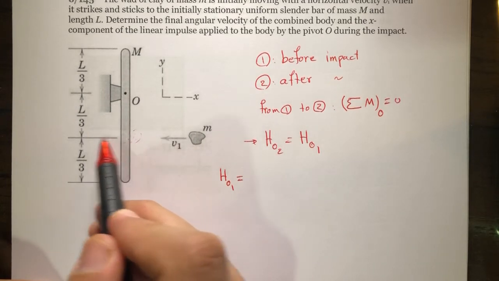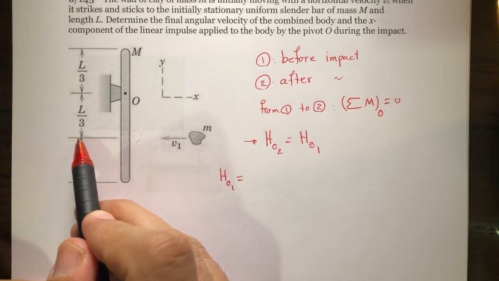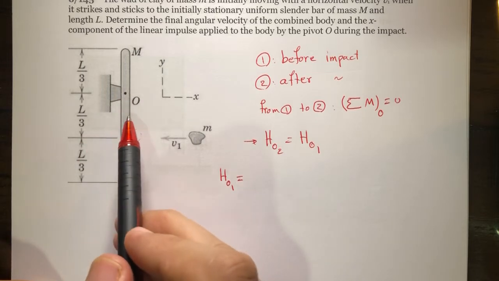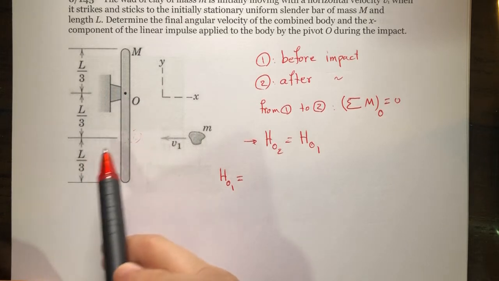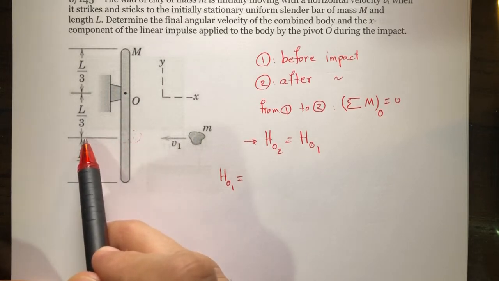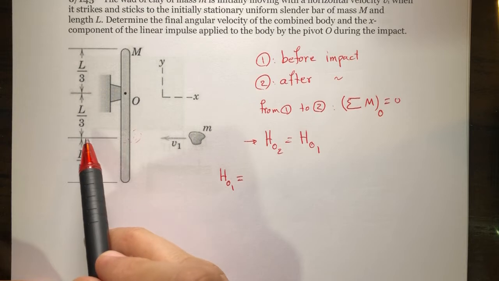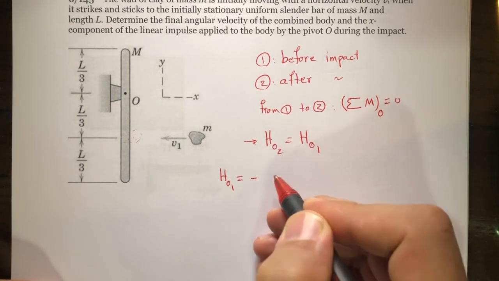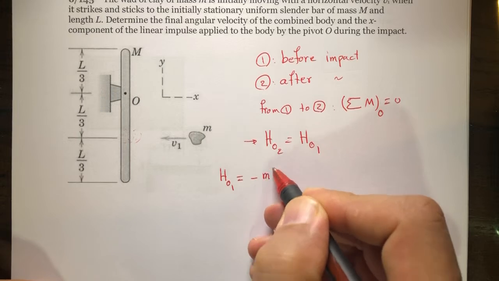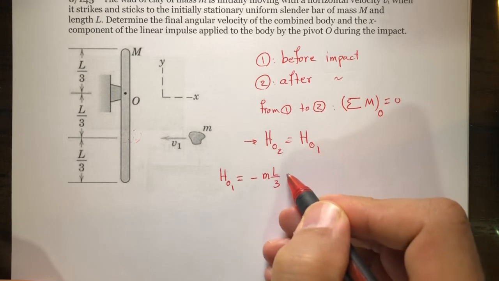And if you cross product it with m times v1, the cross product is going to be in the negative z direction, right? This is negative j, and this is negative i. j cross i is going to be negative k. So it's going to be negative m L divided by 3 times v1 in the z direction.